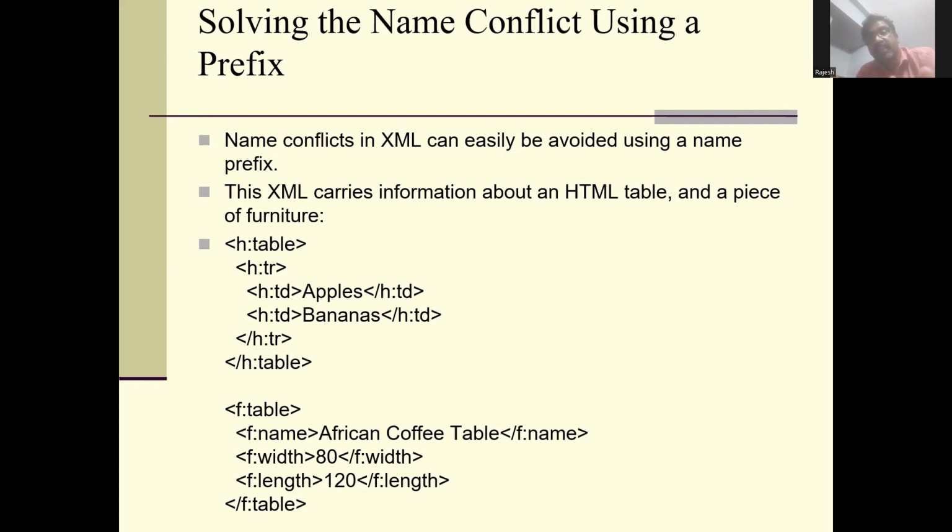Similarly, we have created our own element with the help of an XML document, a user-defined tag, an f:table, which has three child elements: name, width and length. To separate these two types of elements, we include a name prefix. The syntax is prefix colon element name. So these two are different. How do we differentiate them? With the help of the xmlns attribute. We'll look at that in the next slide.